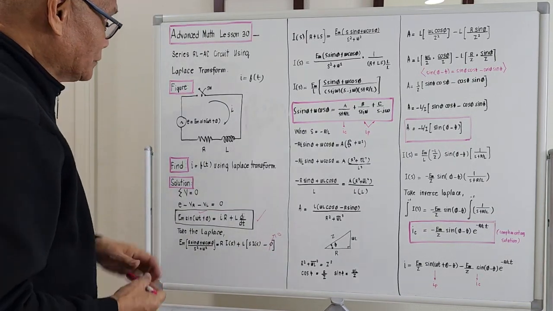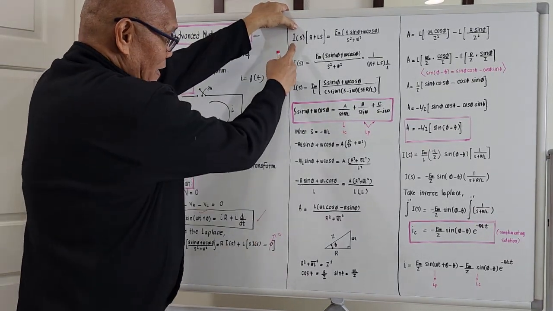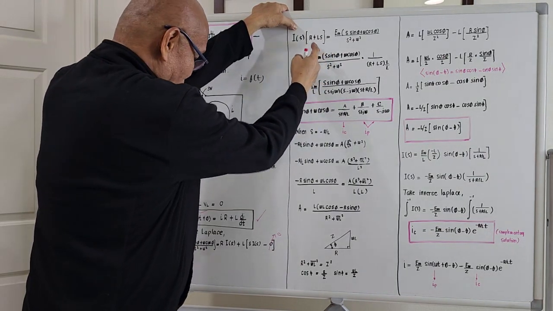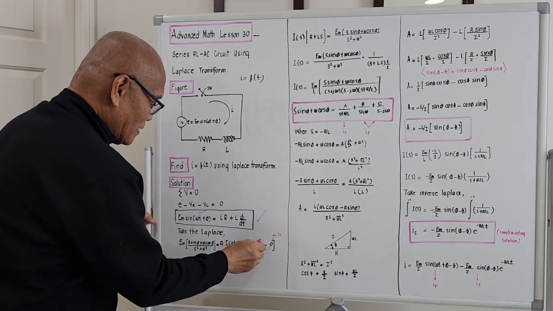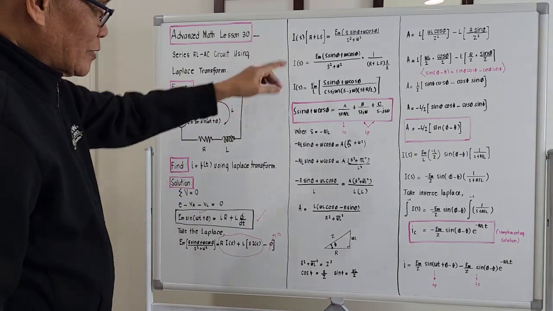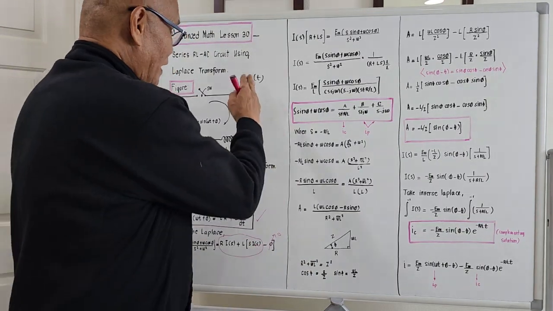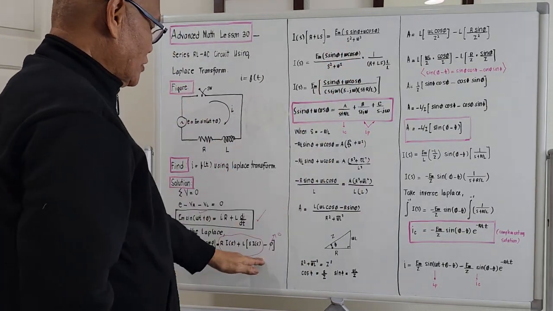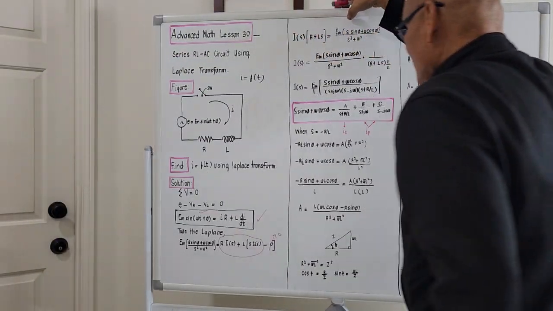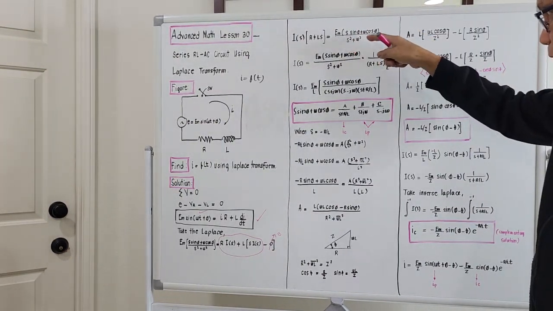Simplifying, the common factor will be I as a function of S multiplied by the quantity R plus LS. I just interchange sides: I put this on the left and the other on the right, and this should be equal to E sub m times the quantity S sine of angle P plus omega cosine of angle P all over S squared plus omega squared.